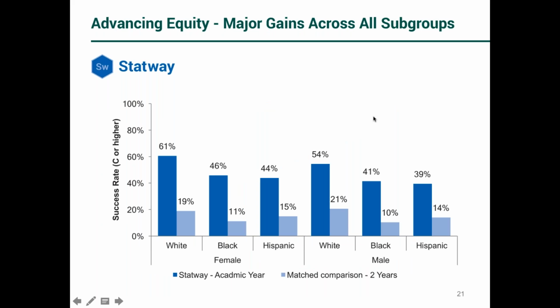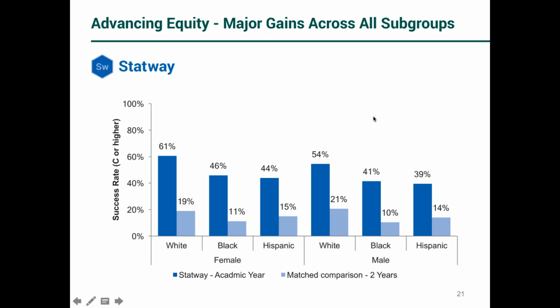The propensity score matching analysis also allowed us to look closely at subgroups. And what we see here is that Statway is producing positive results among all subgroups. And we think that means that we're beginning to provide greater equity in math completion. Traditionally underserved students are disproportionately likely to encounter developmental math as a stumbling block on the road to college completion.